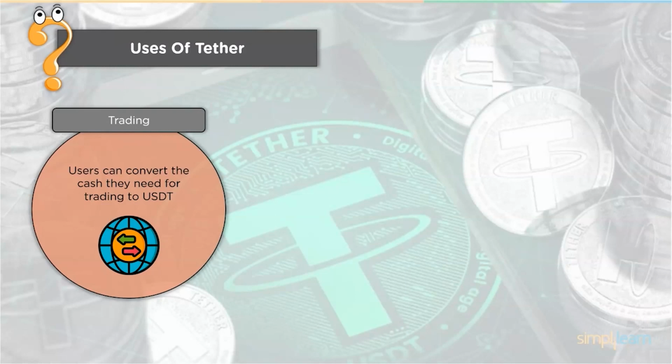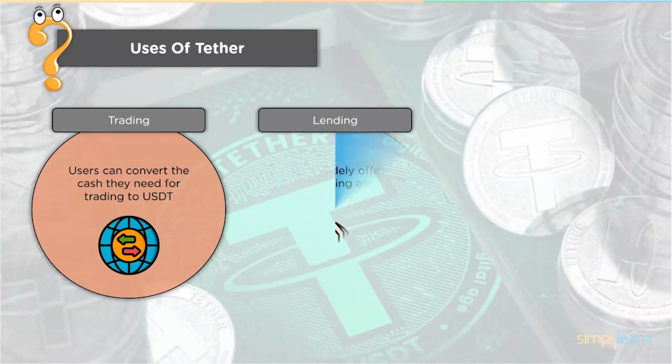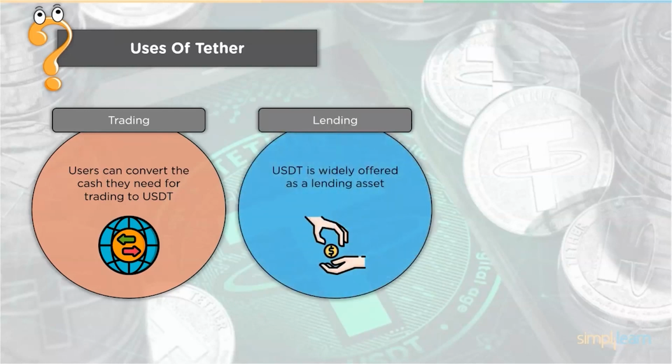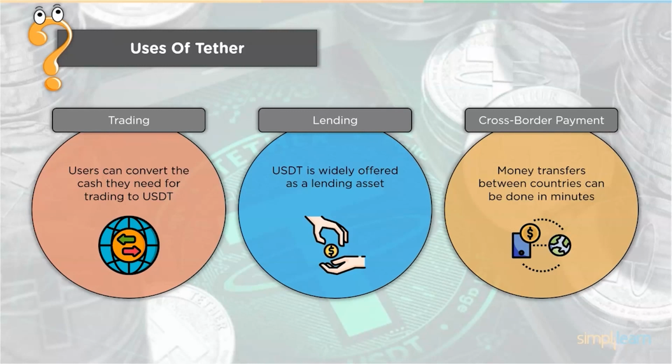To reduce fees and wait periods, users can convert the cash they need for trading to USDT and then use it to buy other cryptocurrencies. Second is lending. Because lenders do not have to worry about losses due to volatility, USDT is extensively used as a lending asset. Third is cross-border payments. International money transfers from or to any area of the world can be completed in minutes.